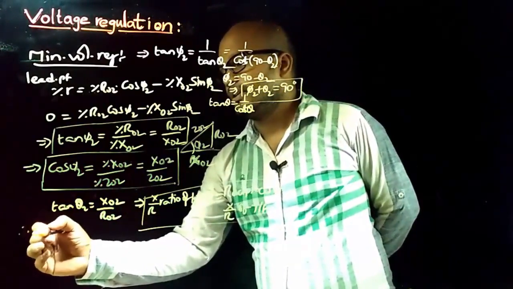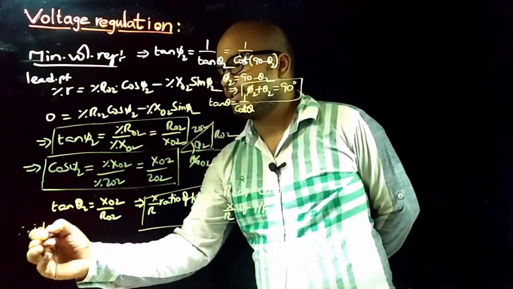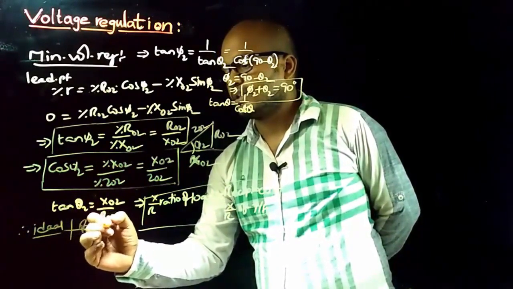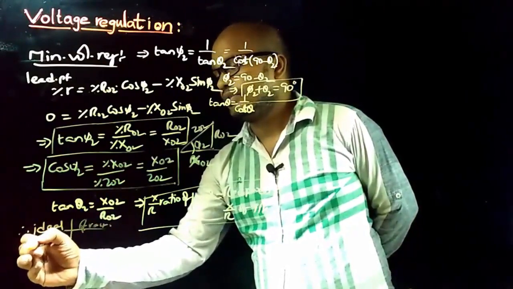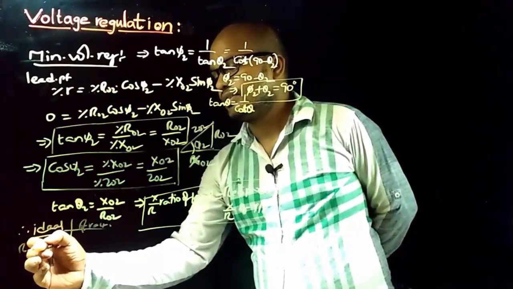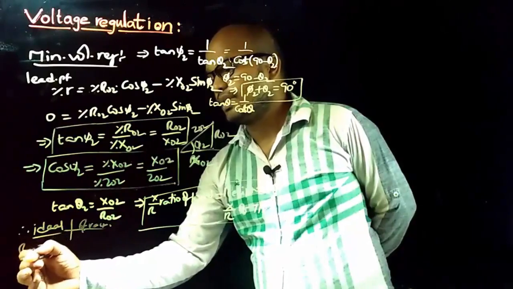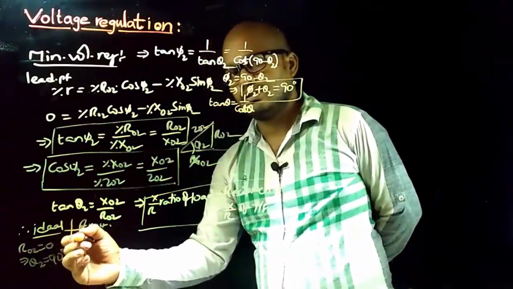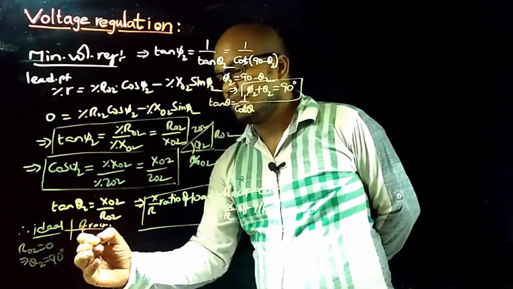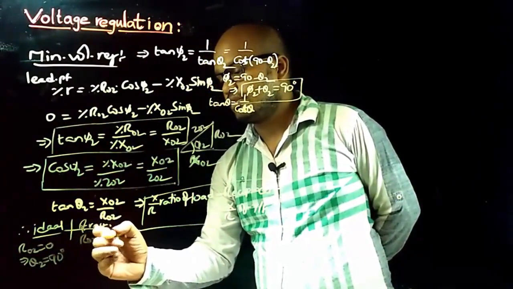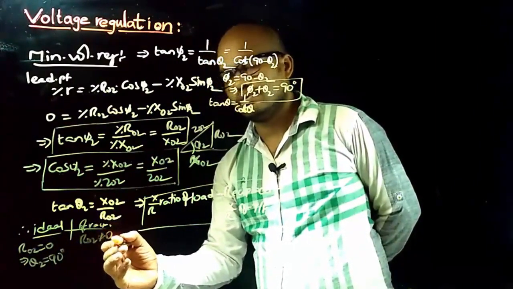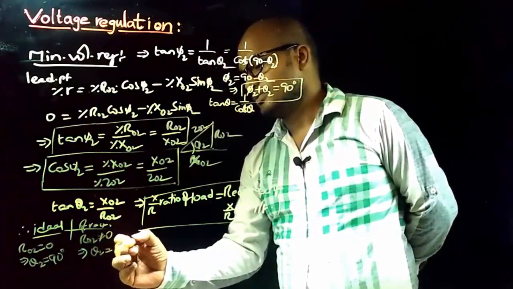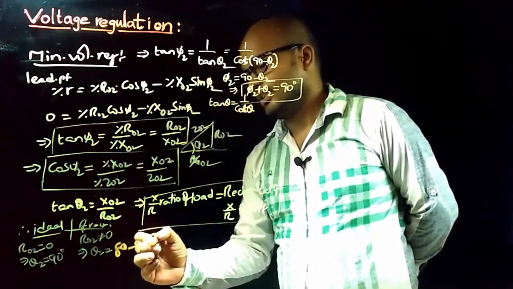Therefore, consider the ideal case and then the practical case. We know that ideally resistance is equal to 0, which implies theta 2 is 90 degrees, but practically R02 is not equal to 0. That implies theta 2 is equal to 80 to 85 degrees.